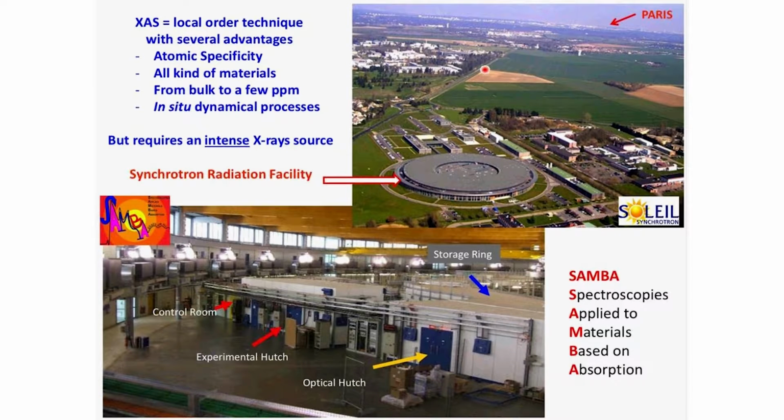Here you have a view of the synchrotron radiation facility located near Paris in France, the so-called Soleil synchrotron radiation facility. And all the results that I will present today have been recorded using the so-called SAMBA beamline, as you can see here in this picture. SAMBA is the acronym for Spectroscopies Applied to Materials based on Absorption.